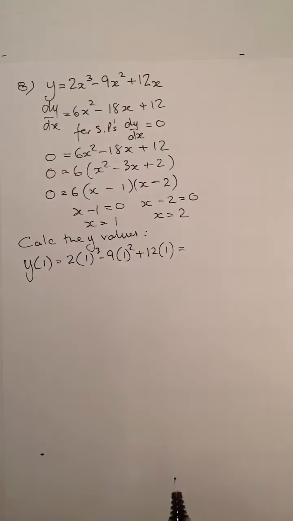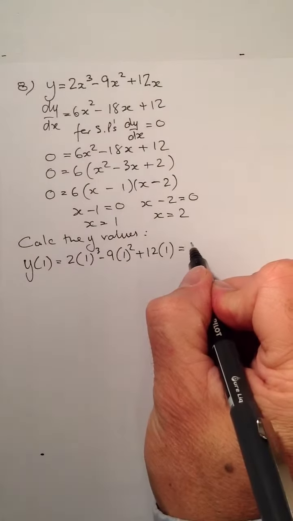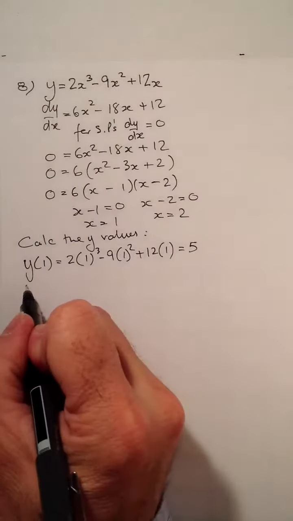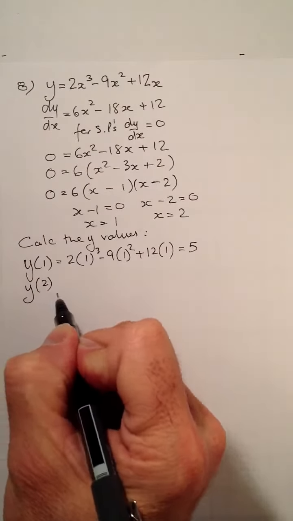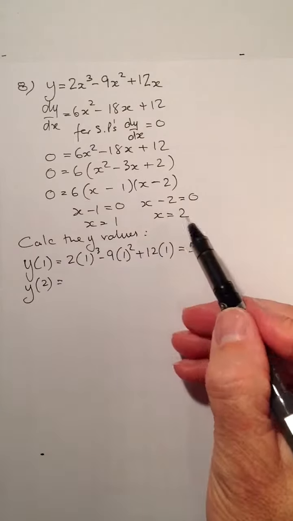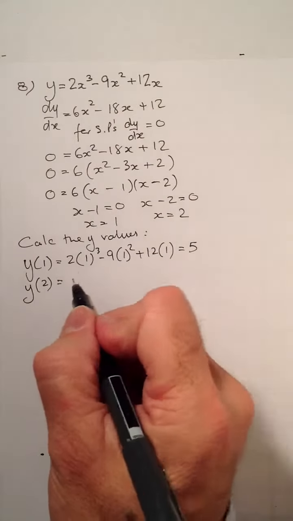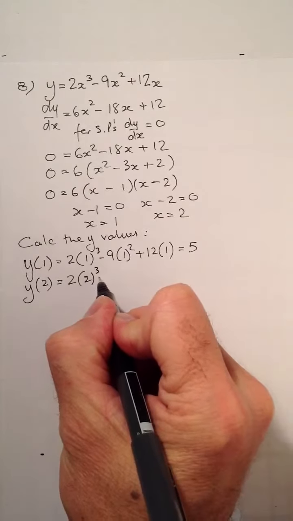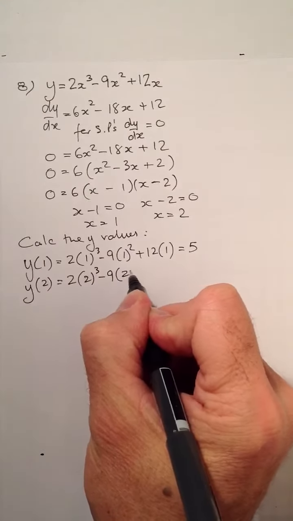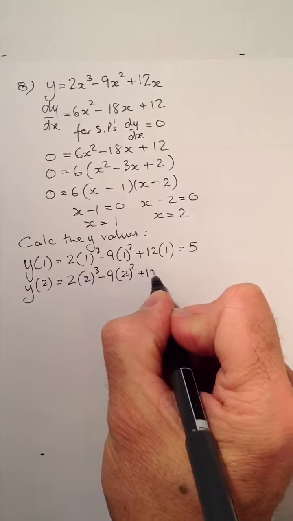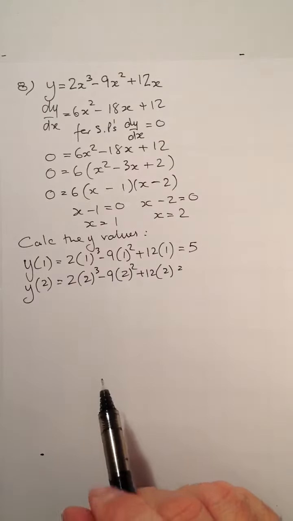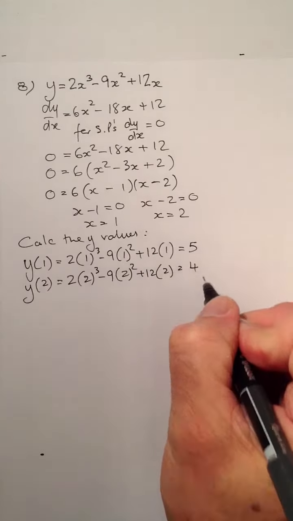And if I work that through, I should get an answer of 5. I'm then going to do the same with the other value that I have for x, which is x equals 2, and I'll substitute 2 in wherever I see the x. 2x cubed minus 9 times 2 squared plus 12 times 2. And working that through, I should get an answer of 4.